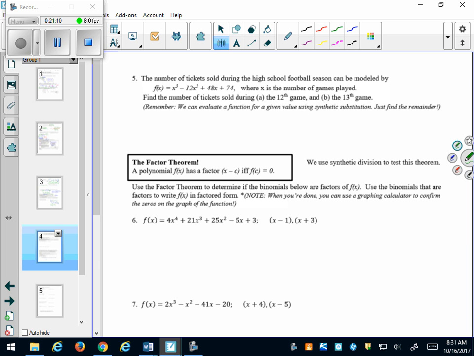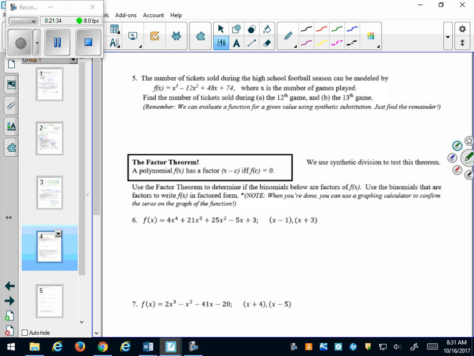Well, ordinarily we would just take 12 and plug it in for x, right? I mean, that's the way you would normally solve this problem. And you could still do it that way. But if we want to use synthetic substitution, we're just looking to do the substitution, then do the division and then find the remainder. And that's it.